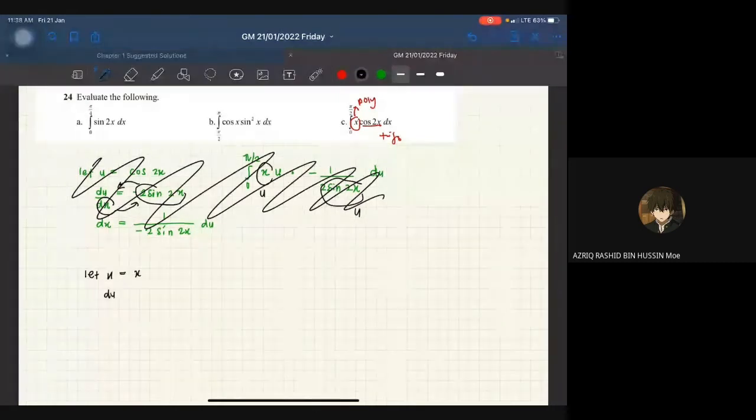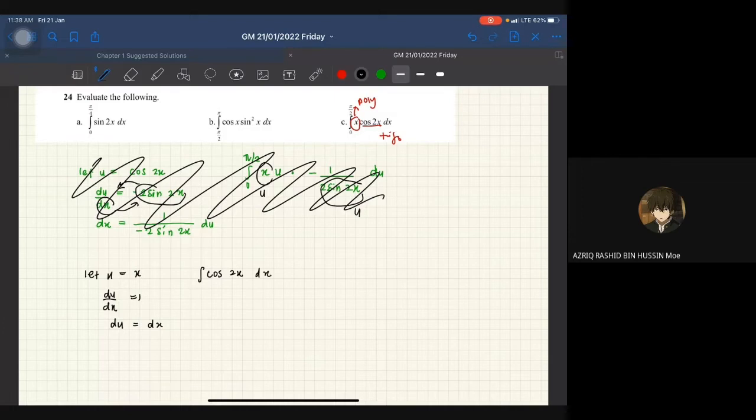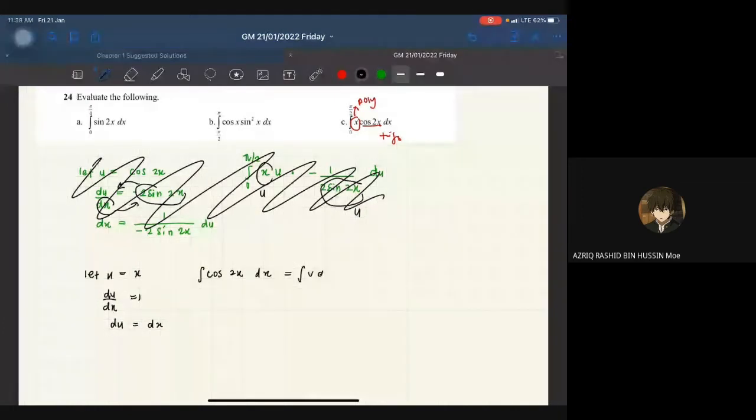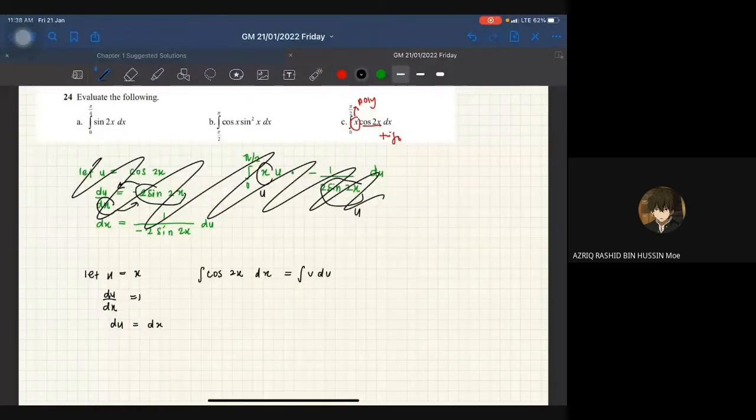Okay, so kita akan dapat du/dx equal to 1. Let du as your subject, you get du equal to dx. Okay, so we left with integral cos 2x dx. Okay, so ini adalah sama dengan integral dv. Sorry guys, it's integral dv.